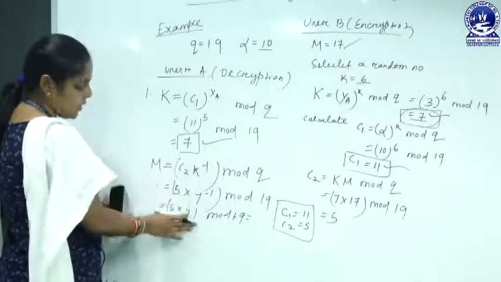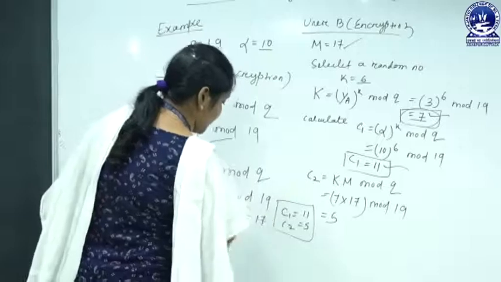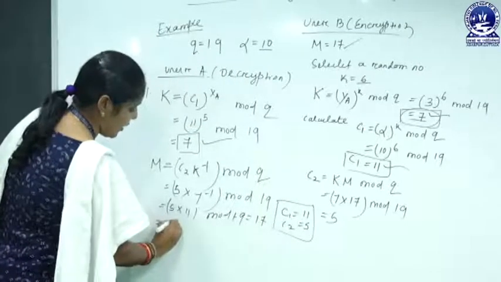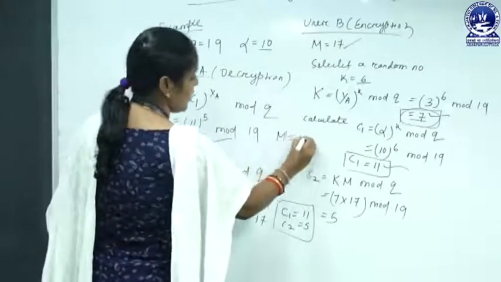When you calculate this value, then you get the result, that is 55 mod 19, which gives our plain text M.